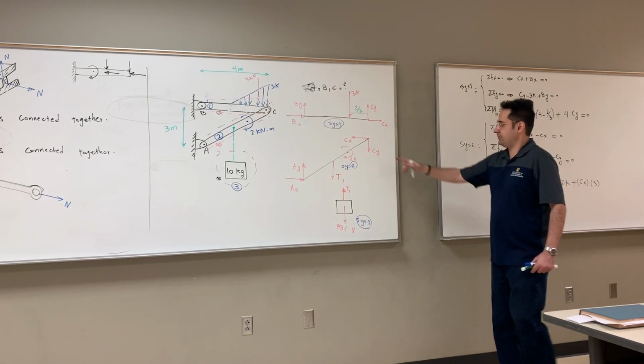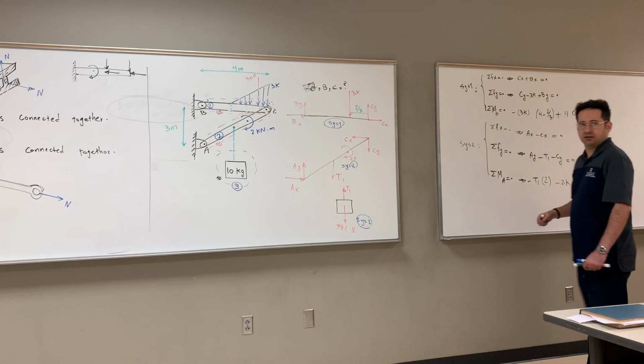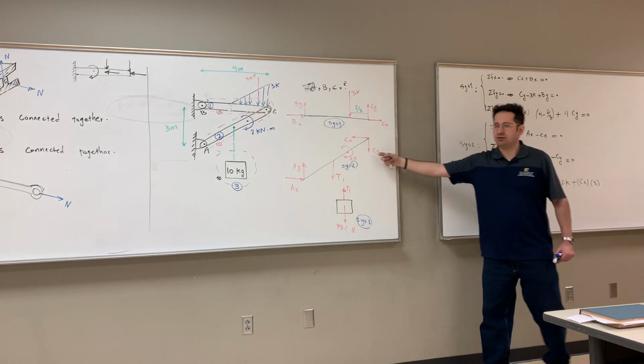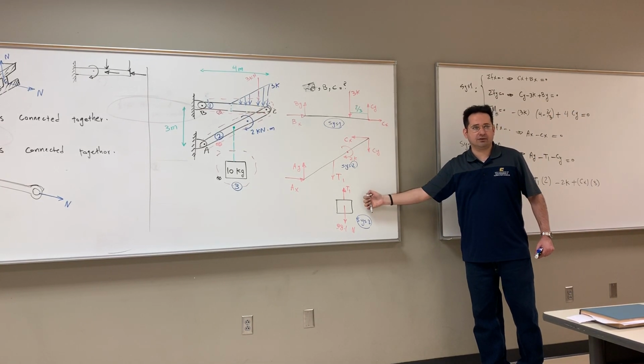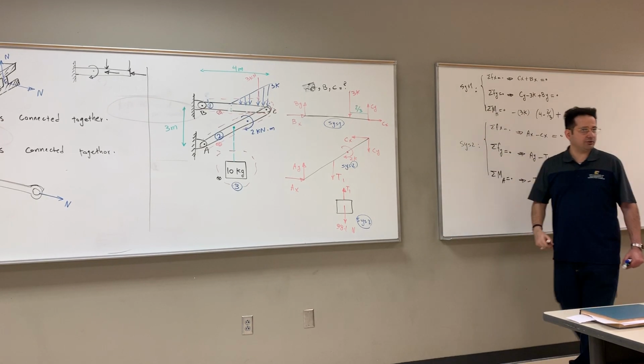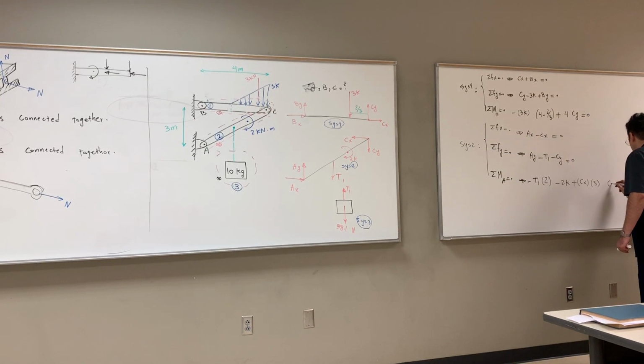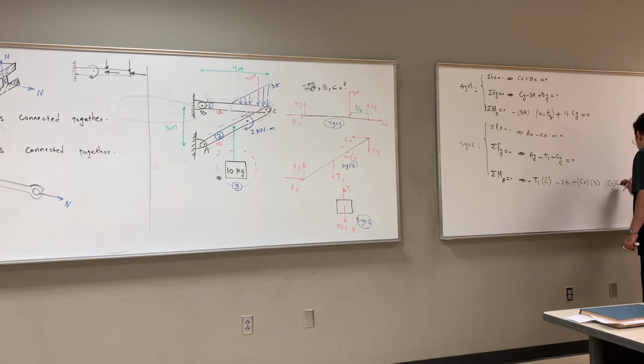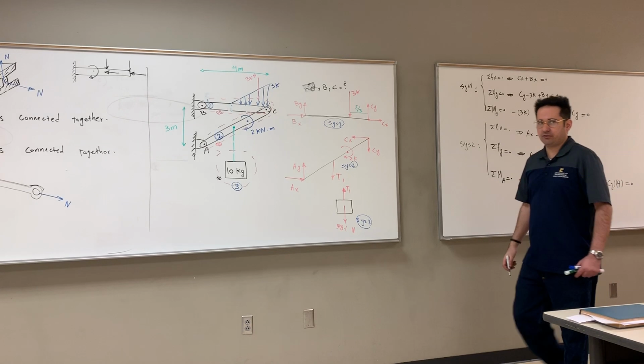Positive. What about Cy? Move it down. It's going to be Cy times 4. Positive or negative? Negative. Is equal to 0. So these are the equations for system 2.